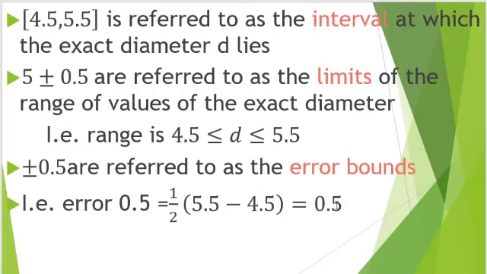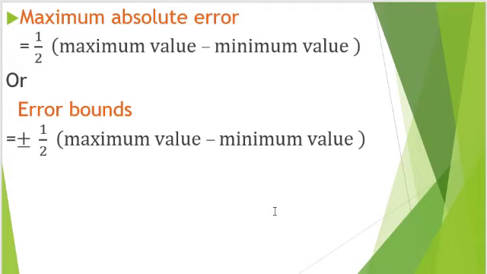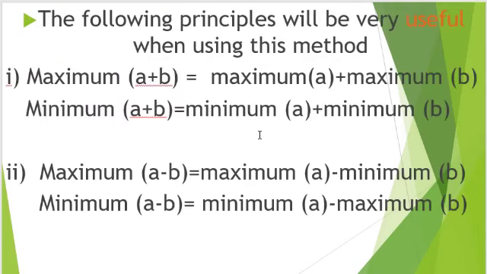That means when looking for the error bound, you say 1 over 2 into maximum value minus minimum value. Maximum absolute error is a half of maximum value minus minimum value. I think we've seen it from that previous slide. And the error bound is the same, which is a half of maximum value minus minimum value.